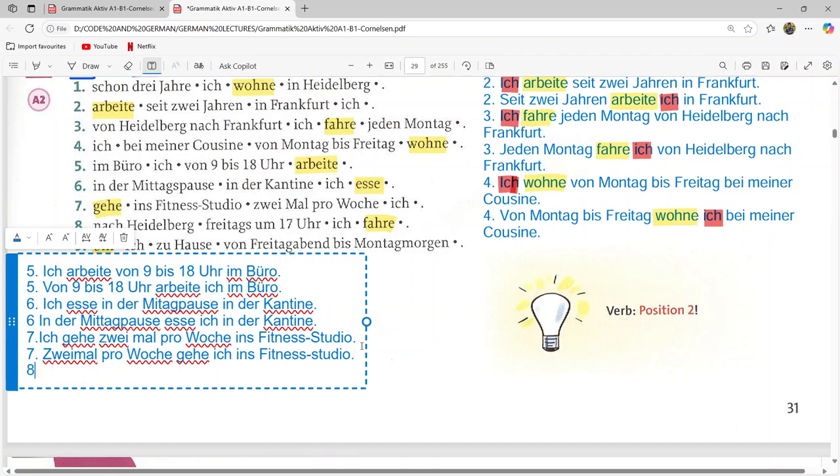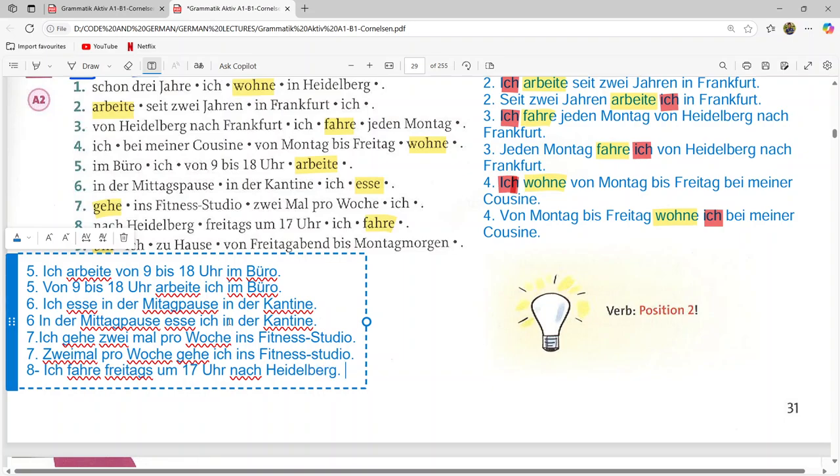Next one, number 8. Number 8, the verb is fahre. Okay, the subject is ich. Ich fahre freitags um 17 Uhr nach Heidelberg.